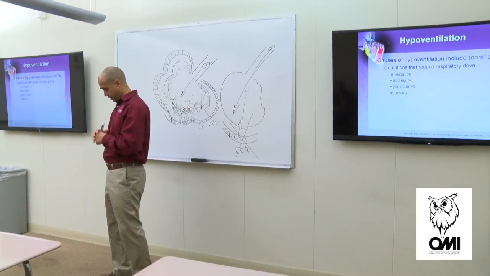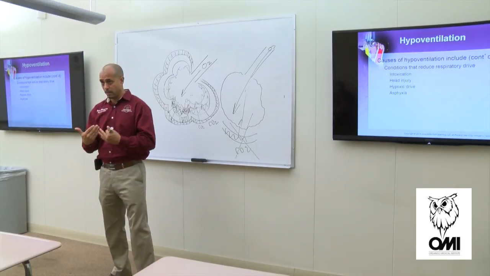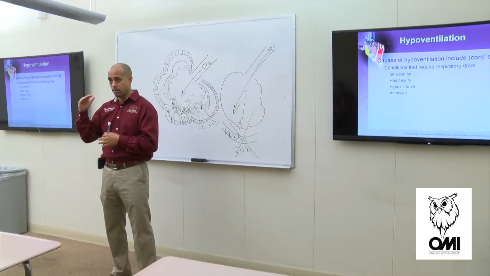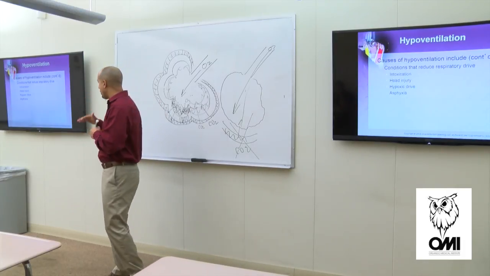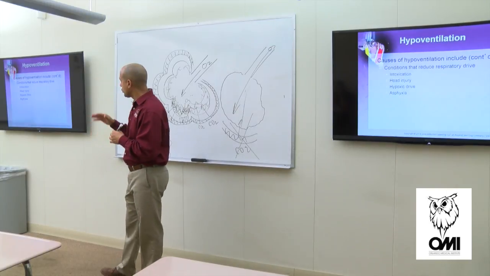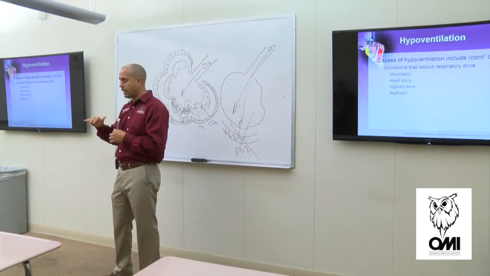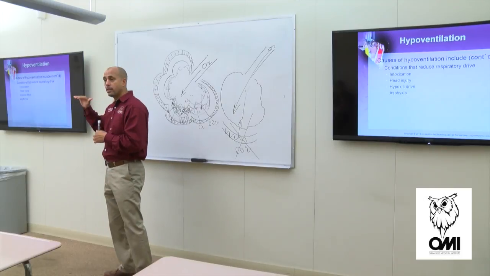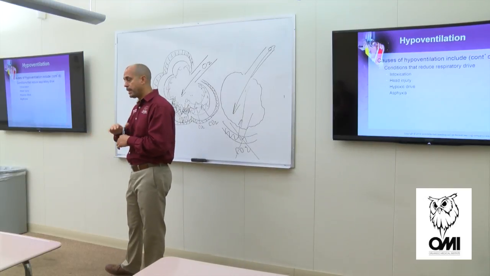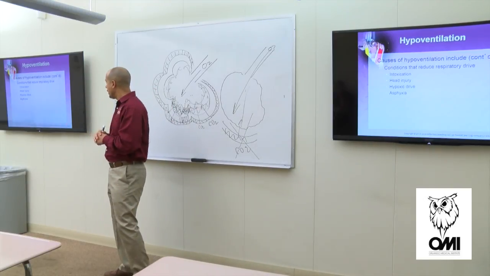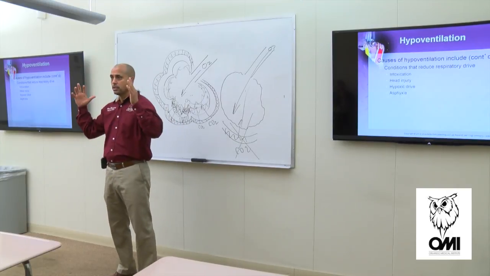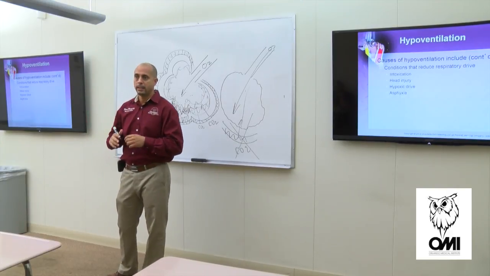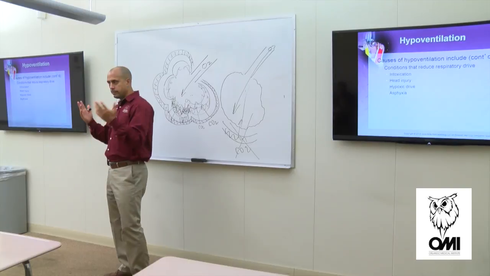Hypoxic drive. What drives us normally to breathe? High levels of CO2. But with hypoxic drive, we'll talk about those COPD patients later, they drive off of low levels of O2. Being hypoxic drives them to breathe. So if I give them high levels of oxygen, then I can suppress it, and now they don't breathe.